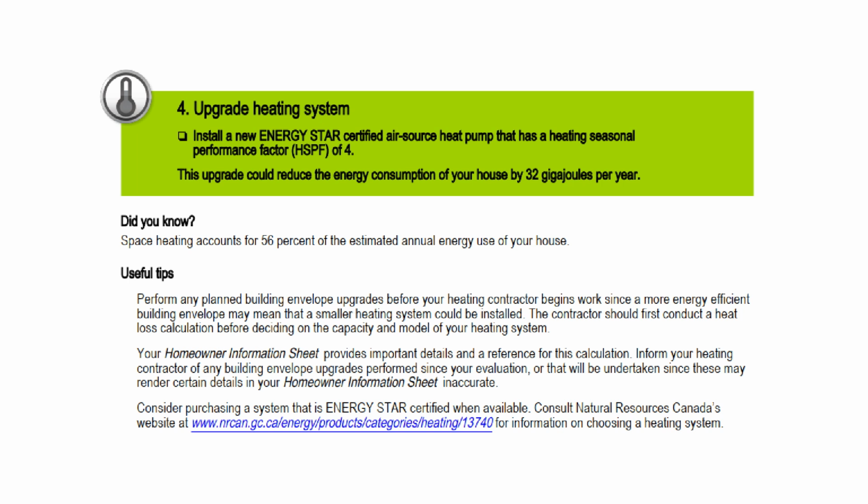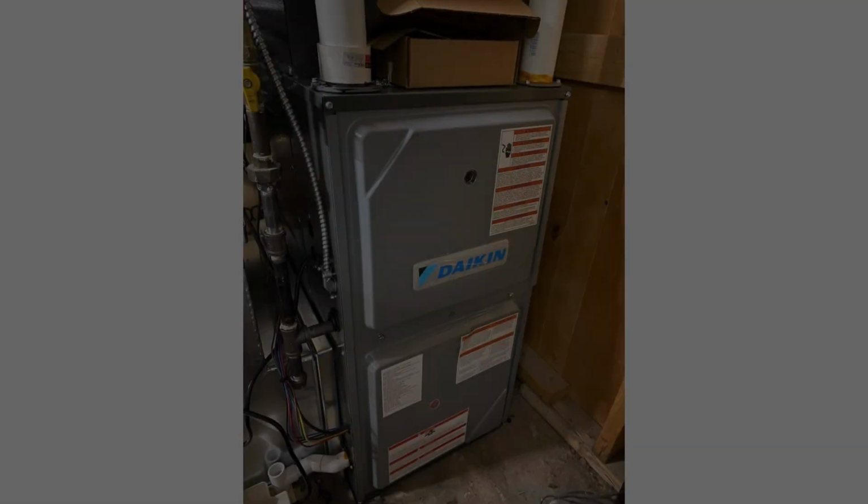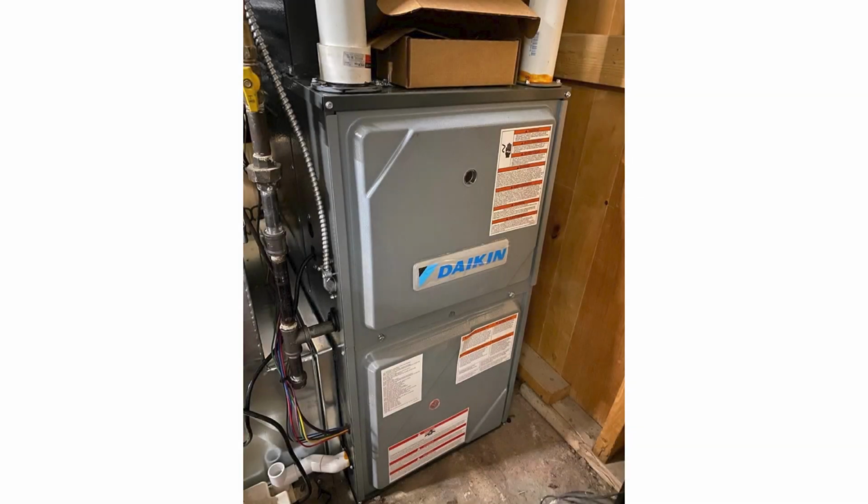This is one item where it says, did you know space heating accounts for 56% of the estimated annual energy use of your home? So the recommendation here was to replace the existing natural gas furnace with an air source heat pump system. My furnace was from 1994, so it was in the order of magnitude of 30 years old.